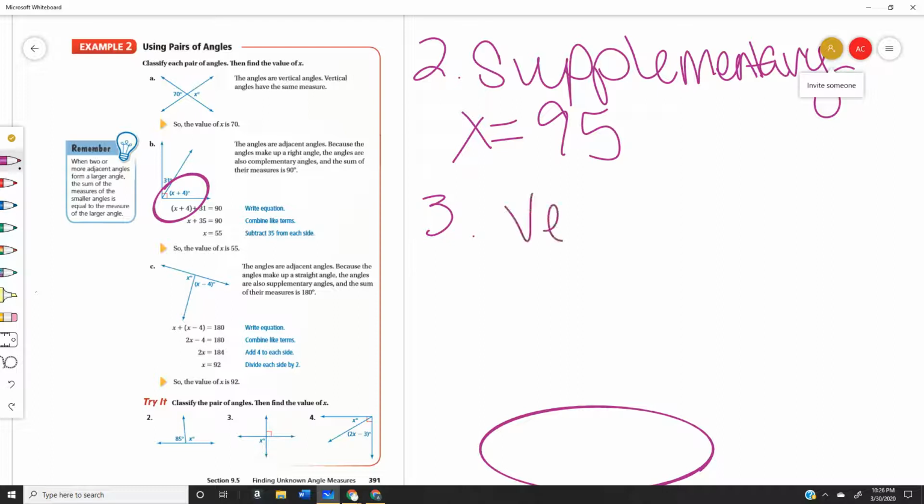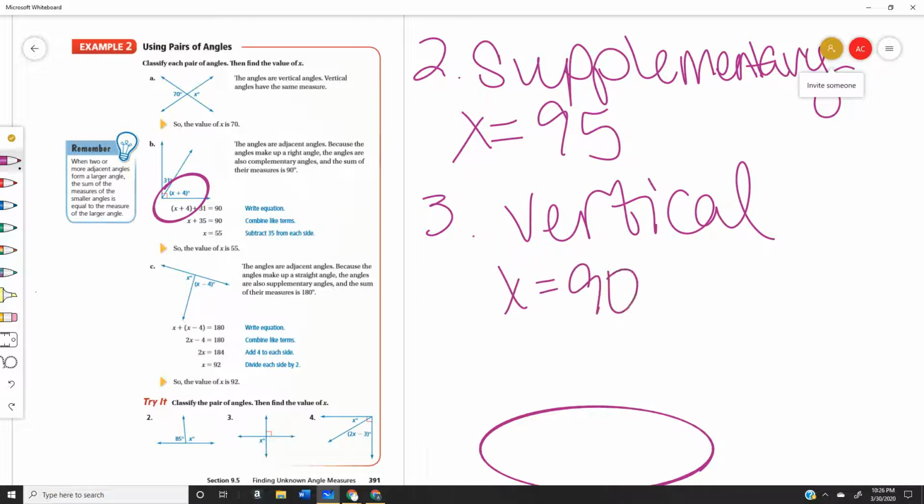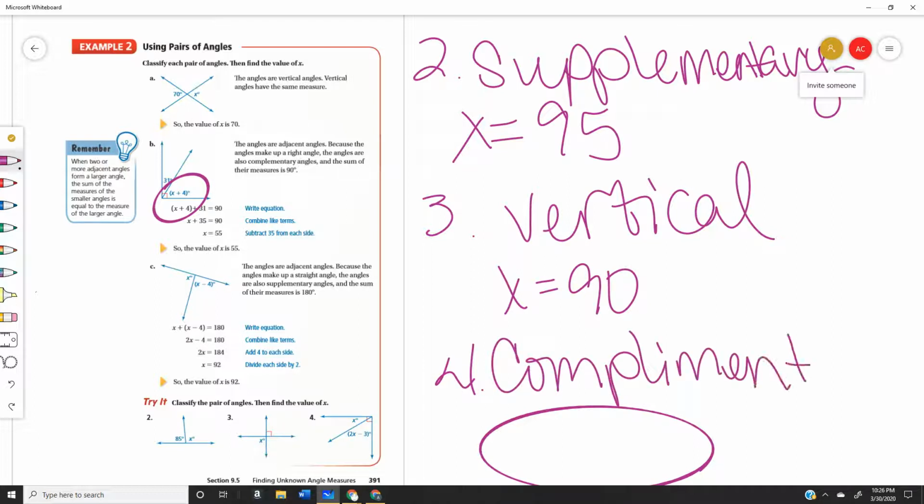In 3, they're vertical. They're opposite from each other. And so x is equal to 90. In 4, they're complementary. Okay, they add up to 90 degrees, and the measure of x in number 4 is 31.